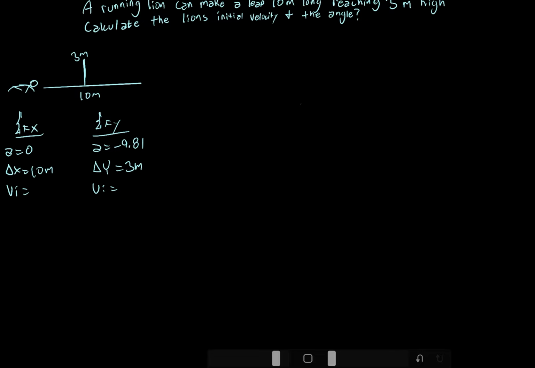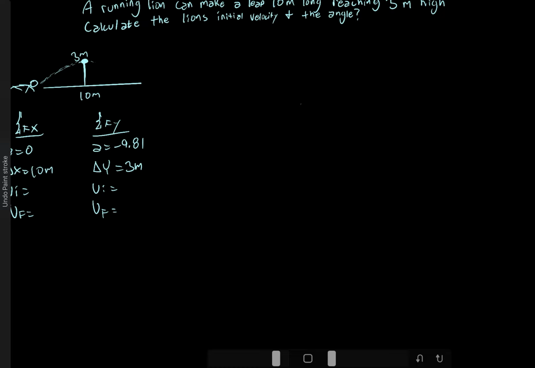So this question, I'm just going to start with this. We have to break this up into two separate parts. So the mountain lion leaps up. So there's an initial velocity on the way up, and it slows down until it finds its final velocity of 0 at the top here. And then it accelerates again, but in the negative. So final velocity at the top is 0.